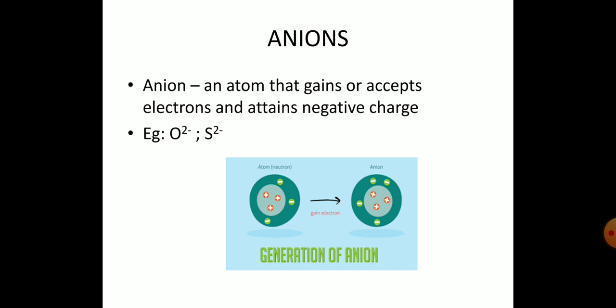So 2 electrons are gained, and that is why it is negatively charged. So we are gaining the electrons, so it is mentioned as 2 minus. Similarly for sulfur also we are gaining 2 more electrons, so that will become 2 minus.